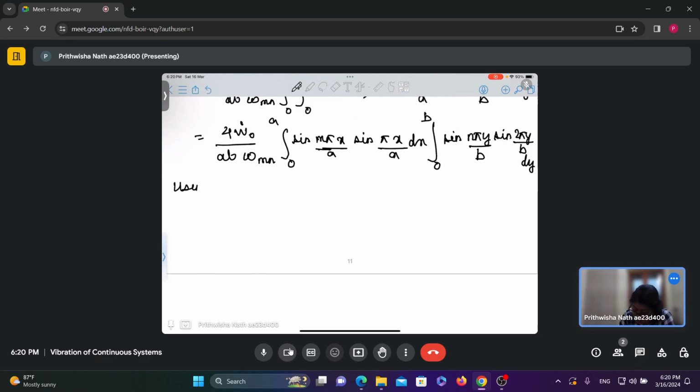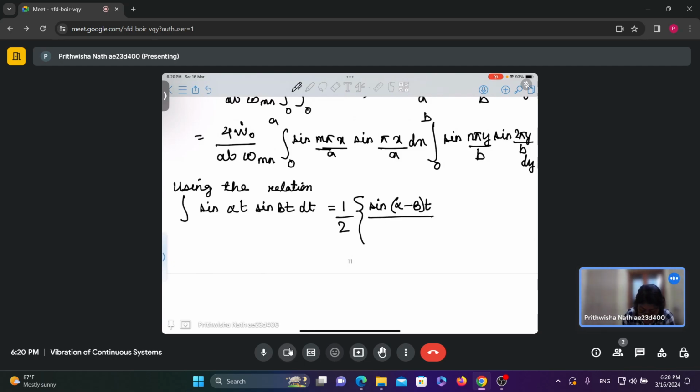So using the relation sine alpha t into sine beta t equals to half of sine alpha minus beta t divided by alpha minus beta, minus sine of alpha plus beta t divided by alpha plus beta.